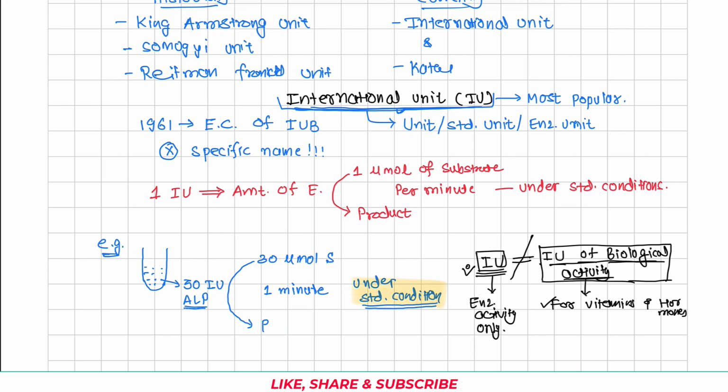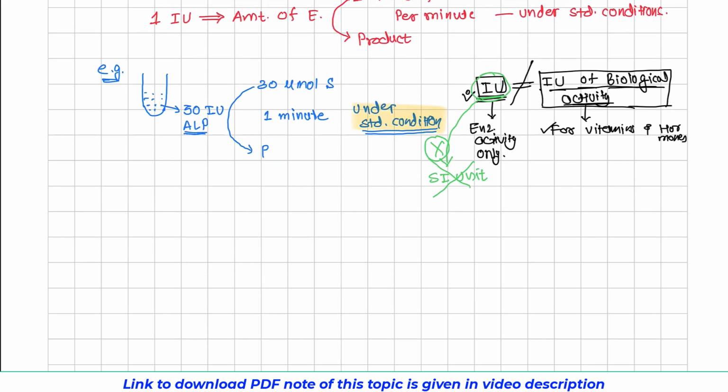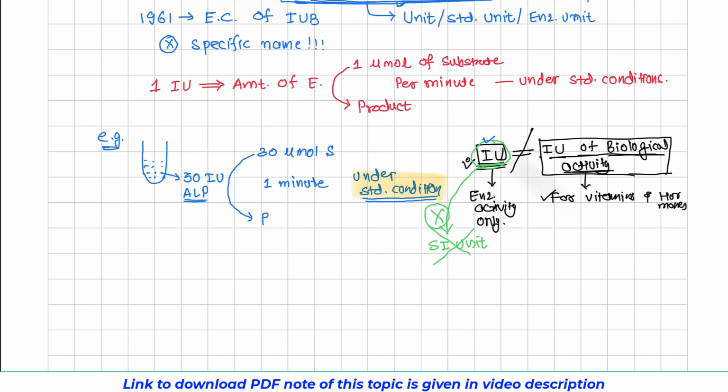Now, here is something important. Some books wrongly state that international unit is the SI unit. That's completely incorrect. In fact, there is a problem with international unit. These micromoles and minutes, which are used in the definition of international unit, are not base units in the SI system of measurement.